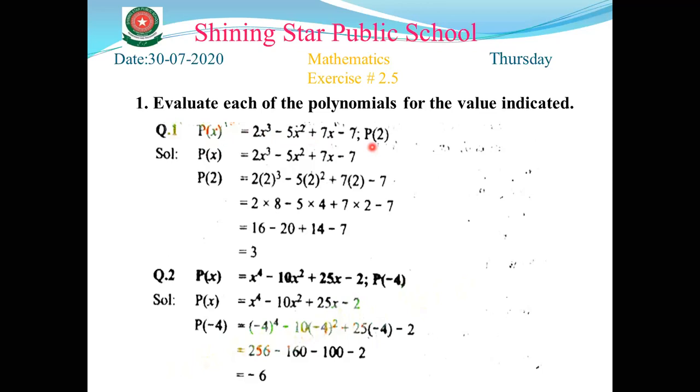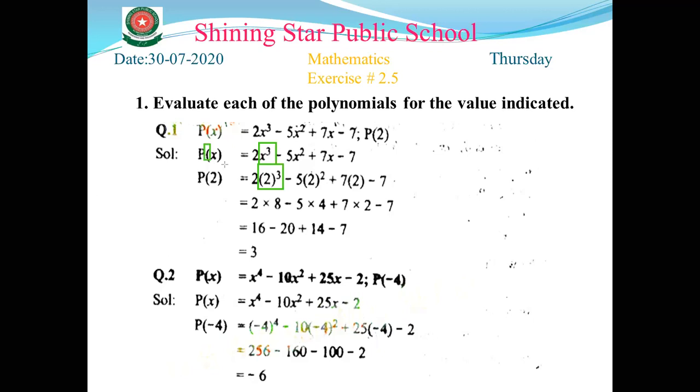Now we have to find the p of 2. Very simple questions and very simple exercise. First of all, we rewrite the p of x polynomial expression. Now, where we have the x, we use 2 whole cube because of this 2.